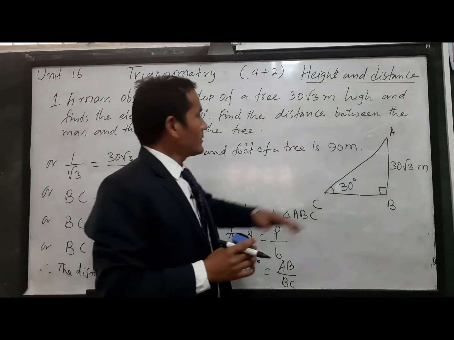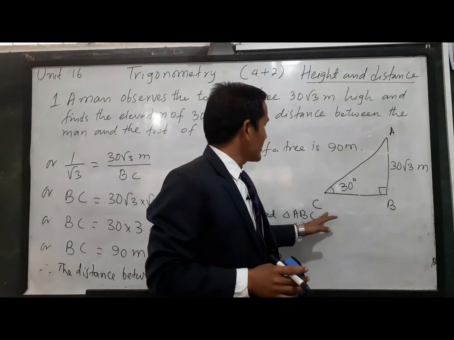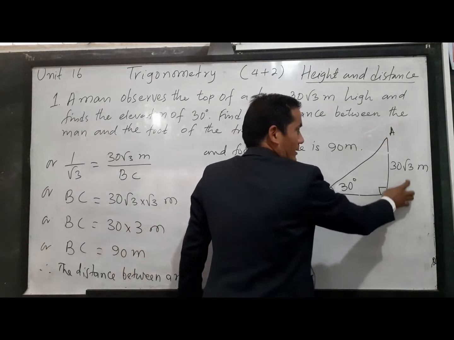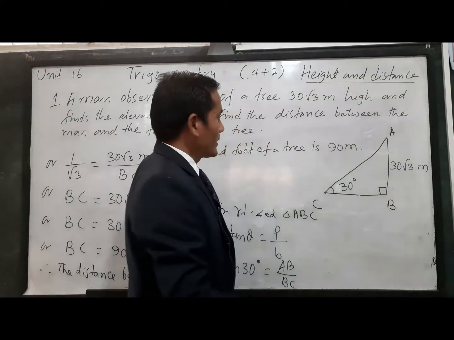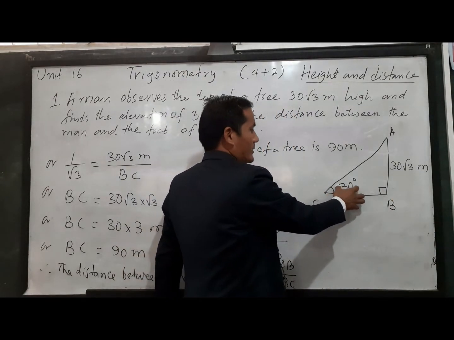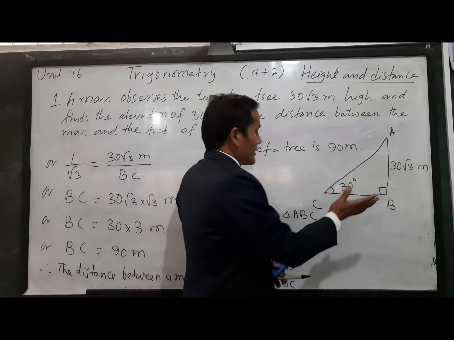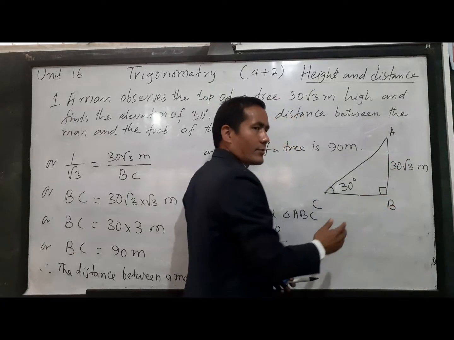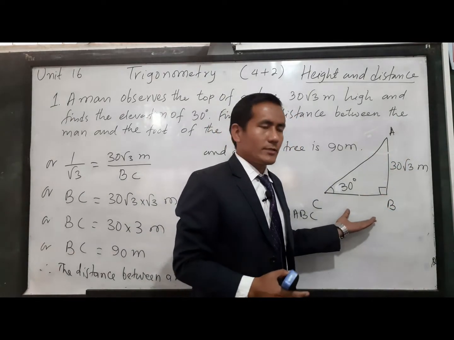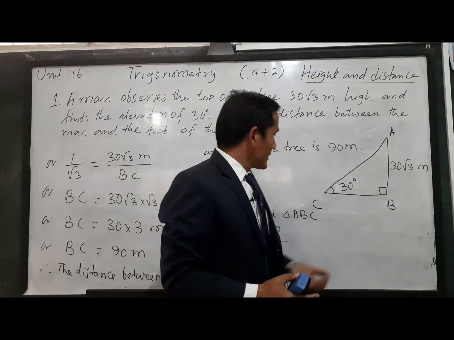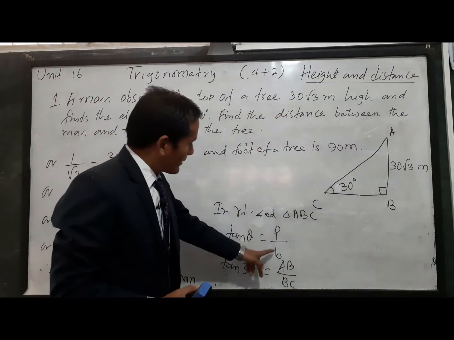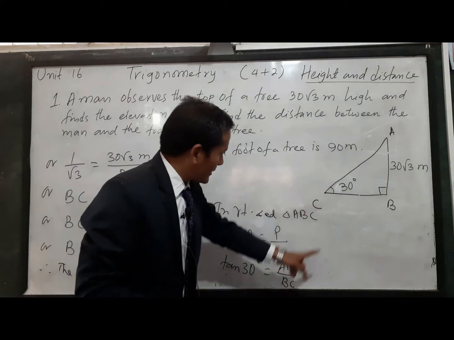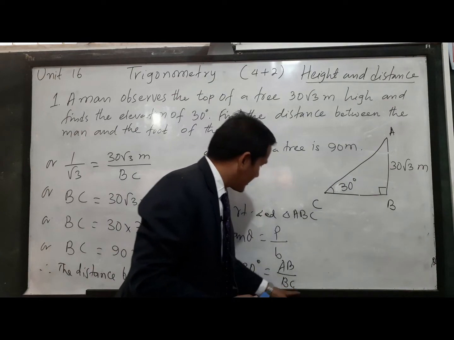The question is to find the distance between the man and the foot of the tree. We considered AB as the height of the tree and BC as the distance between the man and the foot of the tree. AB is given as 30 root 3 meters and the angle of elevation theta is given as 30 degrees. So here we have to find the base side. This is the perpendicular, this is the base. Perpendicular by base in a trigonometric ratio is tan theta, so tan theta is equal to P by B. The value of theta is 30 degrees, perpendicular is AB, and base is BC.